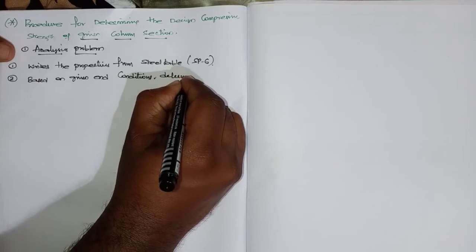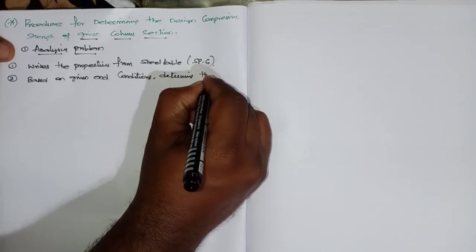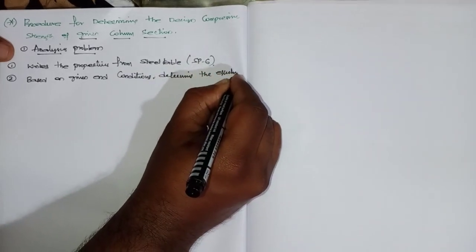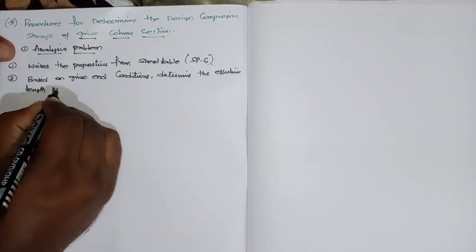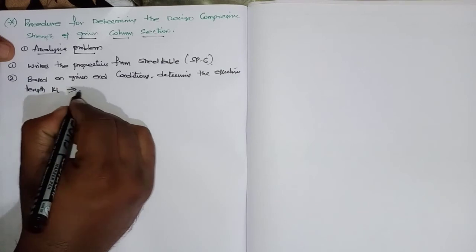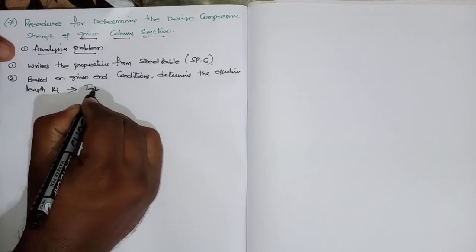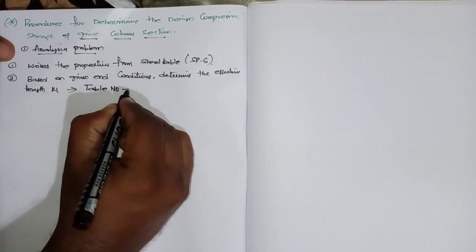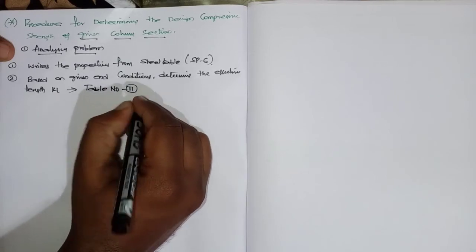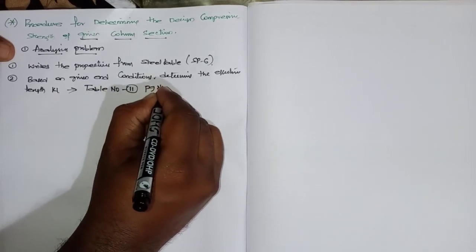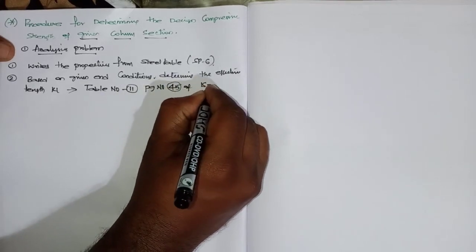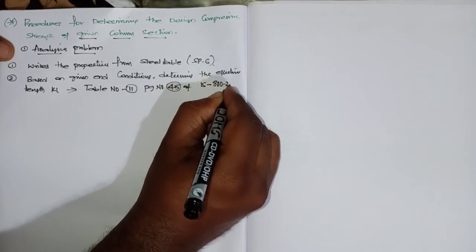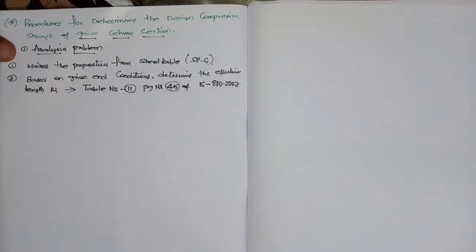Determine the effective length. For that you have to go to Table number 11, page number 45 of IS 800:2007.